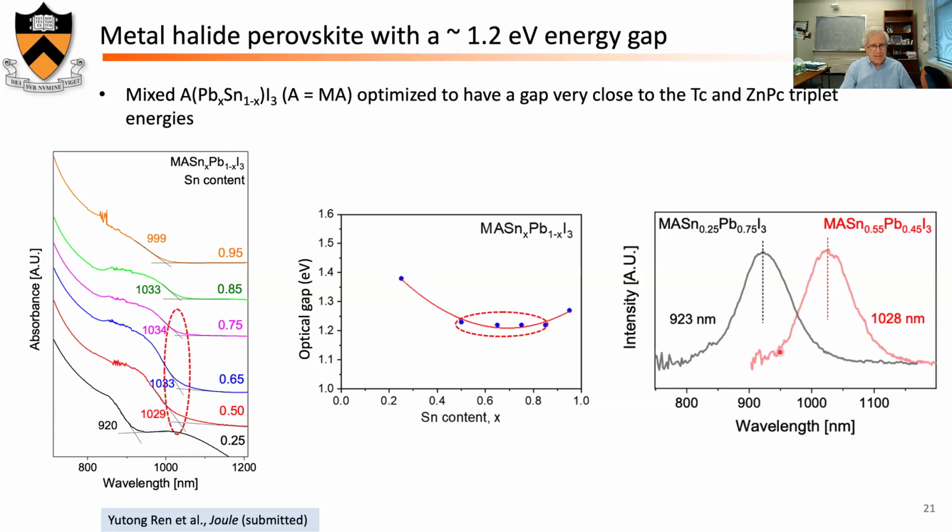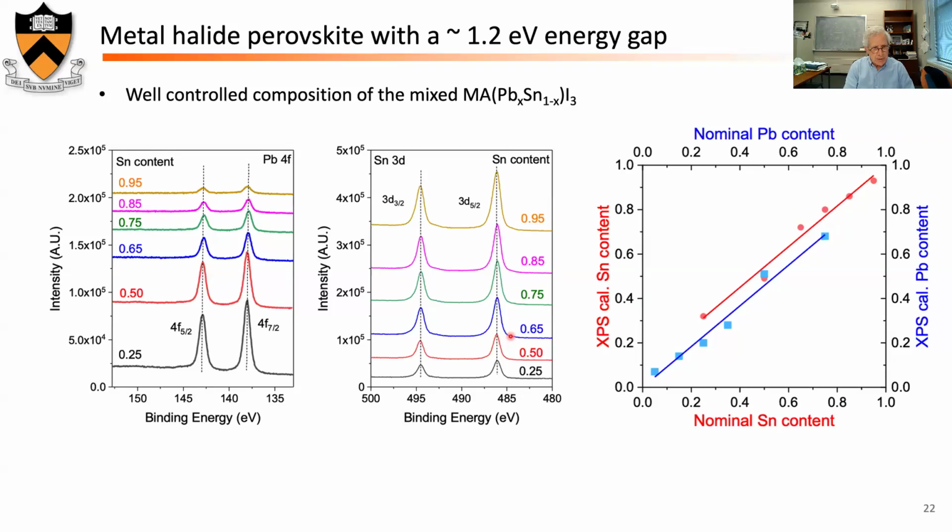Some people do find the gap slightly lower than that. There are some reports of a lead tin gap of 1.7, 1.8 electron volt or so, but we never measured that. We bottomed at about 1.2.